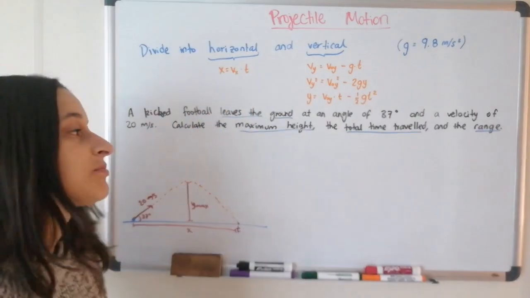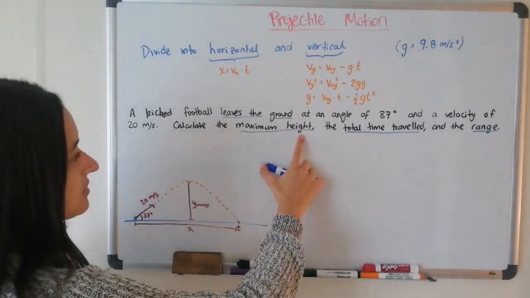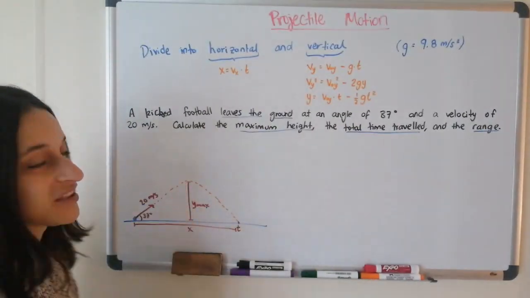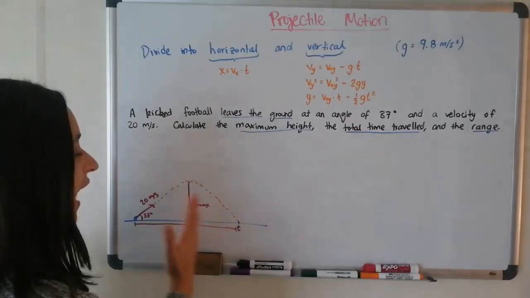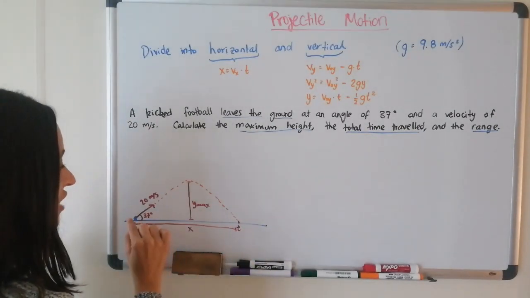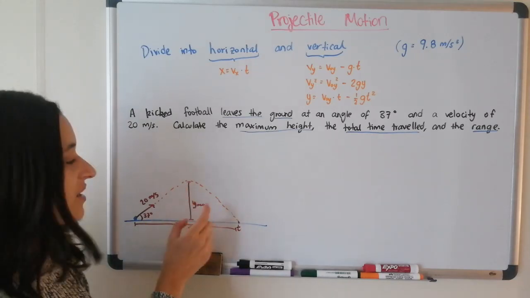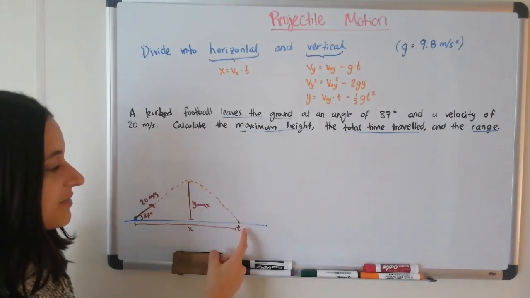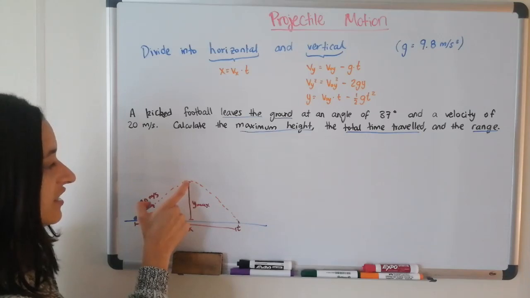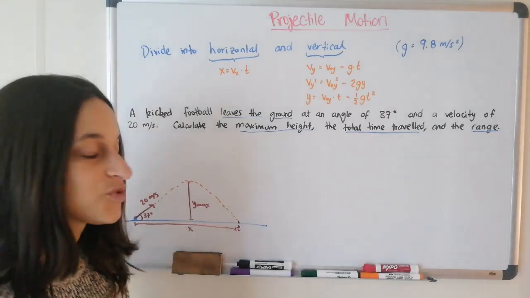One thing that you need to keep in mind is that once we find the maximum height, if we find the time at that point, we'll get half of the total time, because the time that it takes to get up to the maximum height is the same as the time that it takes to get from the maximum height to the bottom. So if we find t here, we're going to have to multiply by 2.